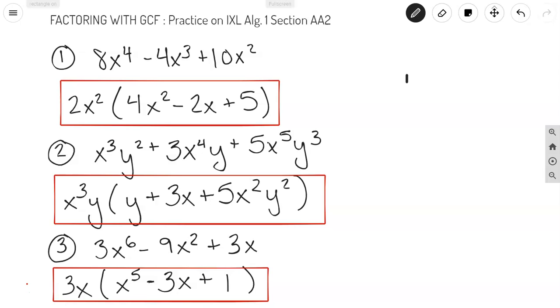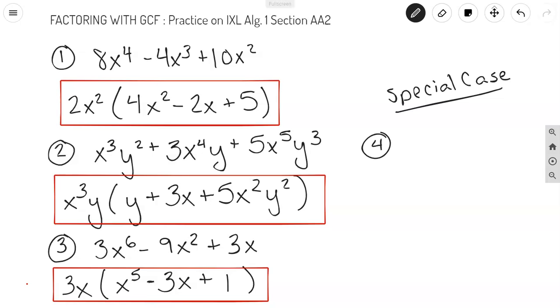Now, special case. I want to show you a special case here. What if I cannot factor? So here's example 4. I'll do one more example.